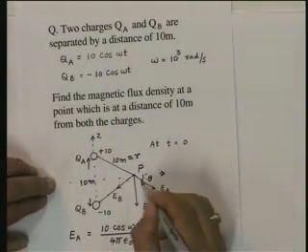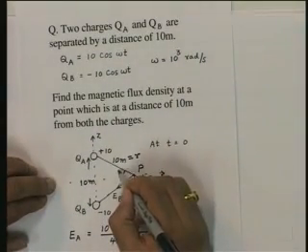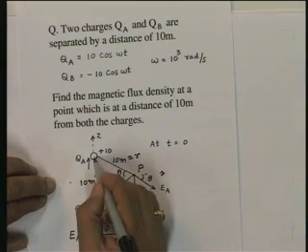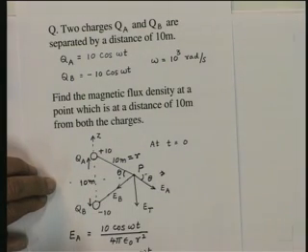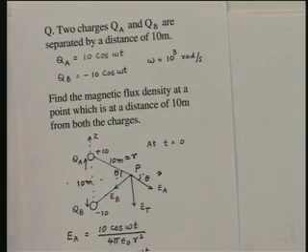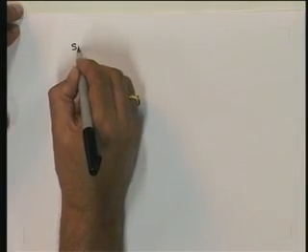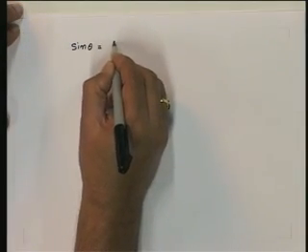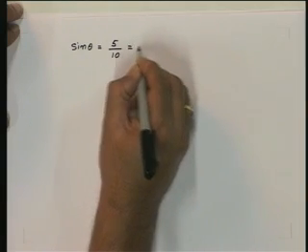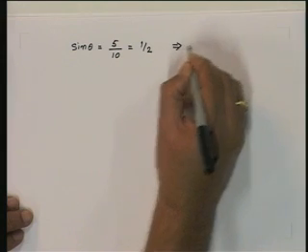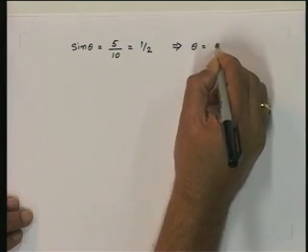Now, note here this quantity is theta here. So, this angle is also theta. This distance is 10 meters and this distance is 5 meters. So, we have sine of theta which is 5 upon 10, which means theta is equal to 30 degrees or sine theta is equal to 1 by 2. So, from here we essentially get sine of theta, that is 5 upon 10, which is equal to 1 upon 2, giving theta equal to pi by 6.